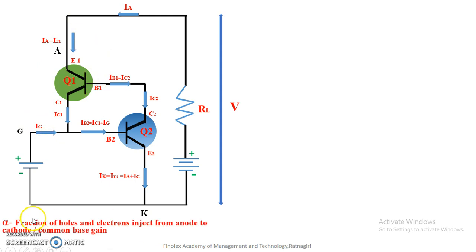Next, the fraction of holes and electrons injected from anode to cathode, or the common base gain, is represented by alpha. In the general equation, the collector current of any transistor is given by alpha times the emitter current plus the base leakage current.